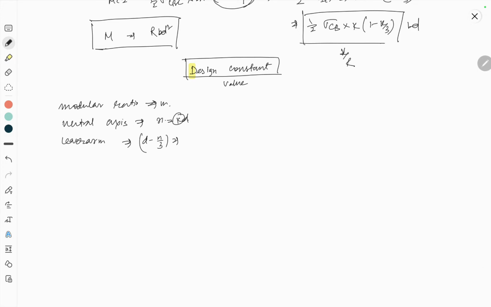So basically, the lever arm equals some constant function of d and some constant.